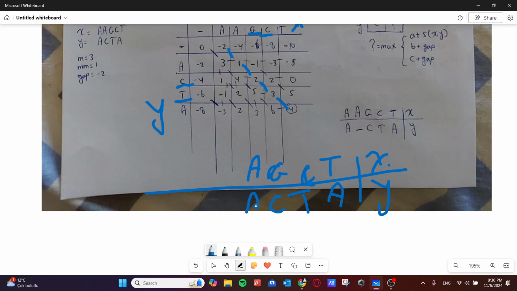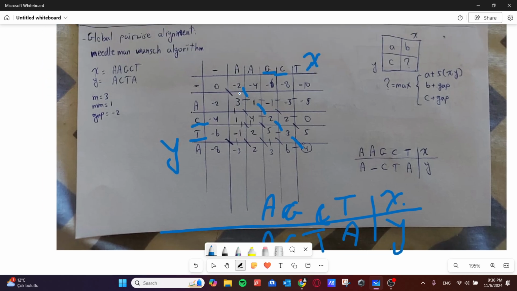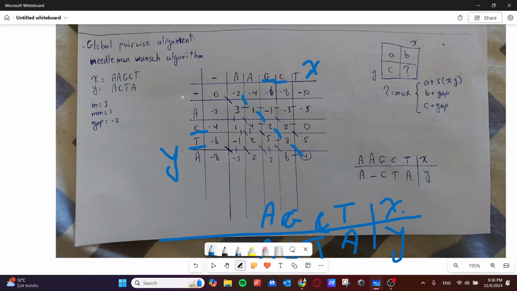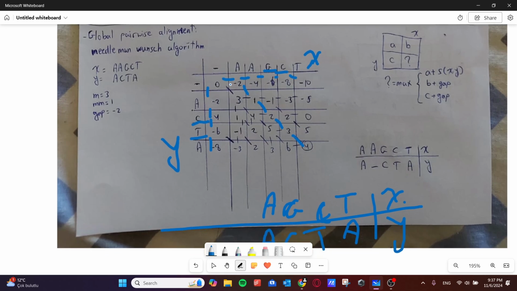Okay, in the global pairwise alignment, these are always connected here. You can draw them or not, but it's better to draw them. Okay, so we are now in the minus 2.